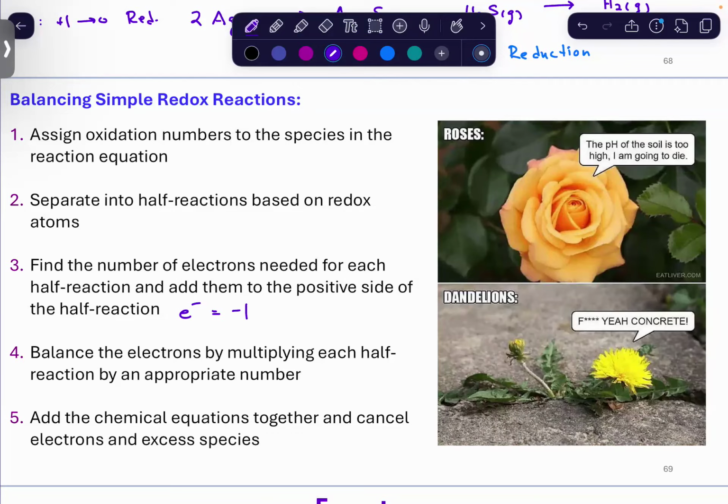And so that's how we're going to use them. Then we're going to balance the electrons by multiplying each half reaction by an appropriate number. So, for example, our oxidation half reaction might need 6 electrons. That means our reduction half reaction needs 6 electrons. Then we're going to add the chemical equations, our half reactions, together to get the overall balanced redox reaction.